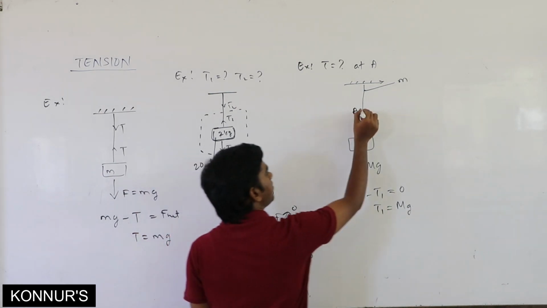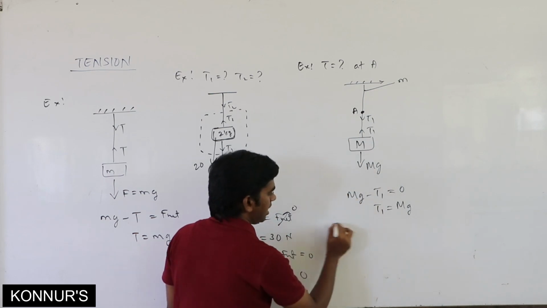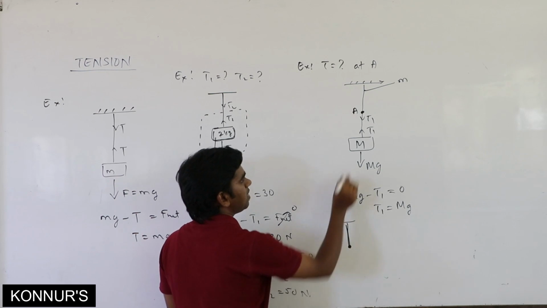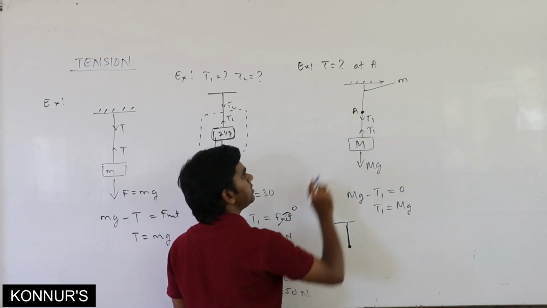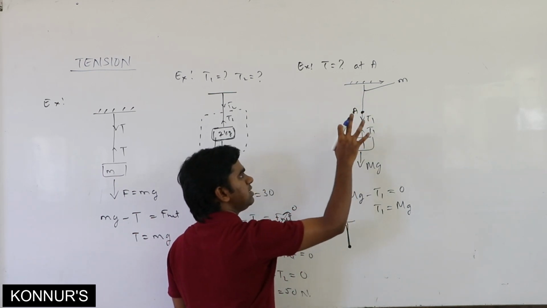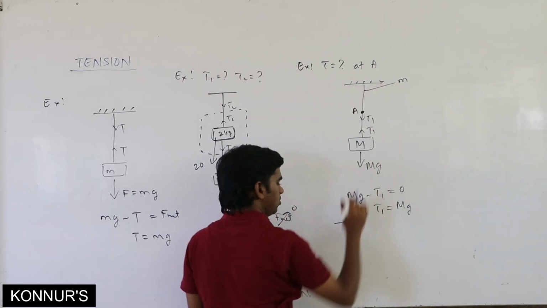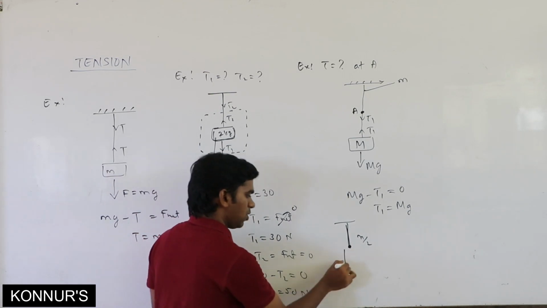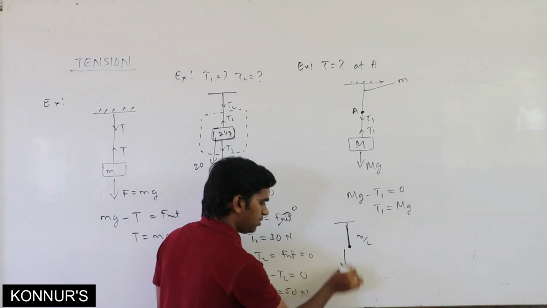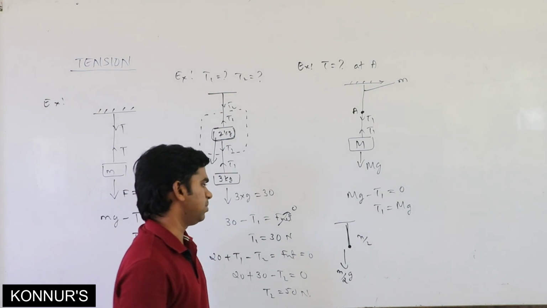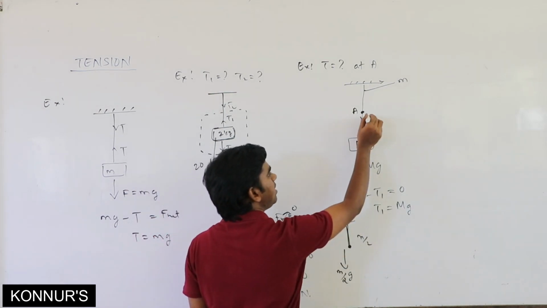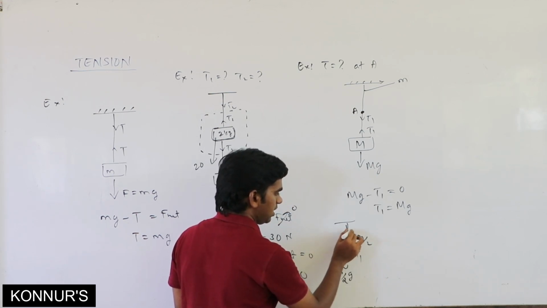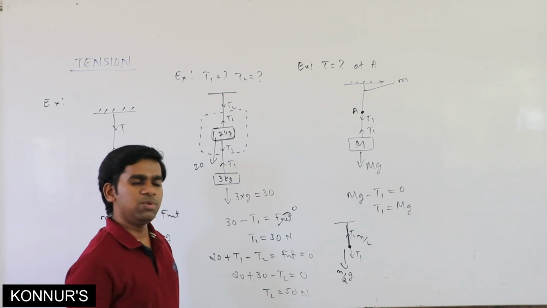Now come to here. I will draw only half of that part. What is the downward force? If the total mass of the wire is m, the mass of this portion is m by 2. So the downward force is m by 2 into g because of gravitational force. Then T1 is also acting downward, and T2 is acting upward. We want to find T2.